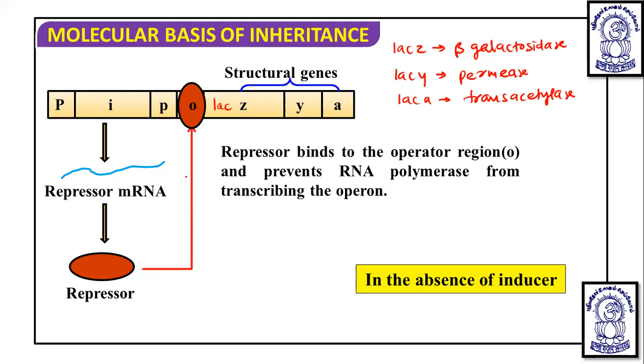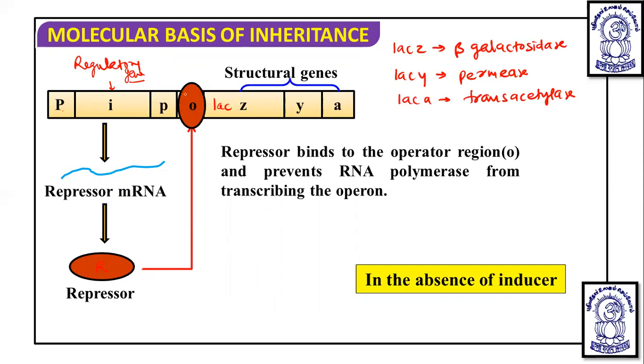Now, when the inducer is absent, see, this I gene is a regulatory gene, and this is the promoter for the regulatory gene. The I gene is a housekeeping gene, which synthesizes its protein 24/7. So it forms the repressor mRNA and synthesizes the repressor molecule. This repressor, which is the product of the regulatory gene, binds with the operator gene.